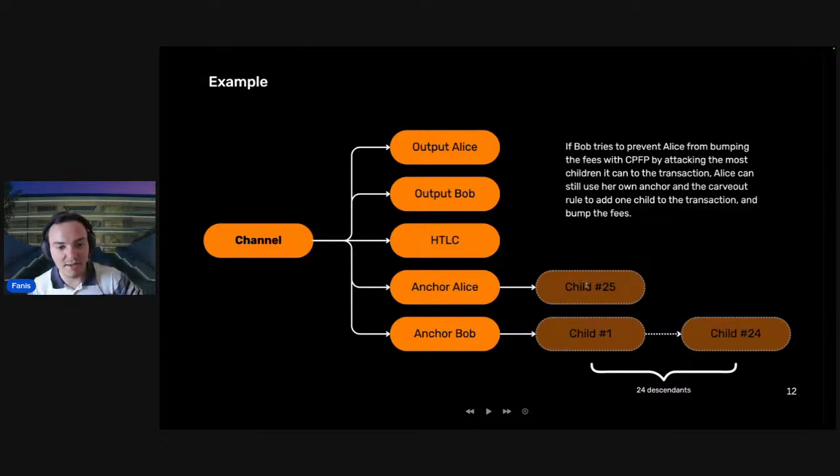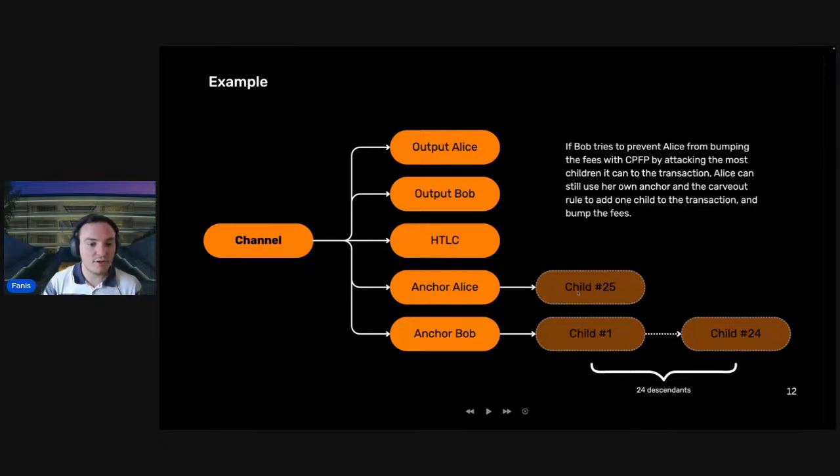And so having one anchor for each party and the CPFP carve-out rule ensures that both parties are able to bump the fees of the commitment transactions if they want to, and no single party can prevent the other party from doing so.